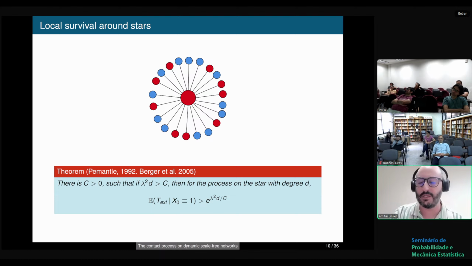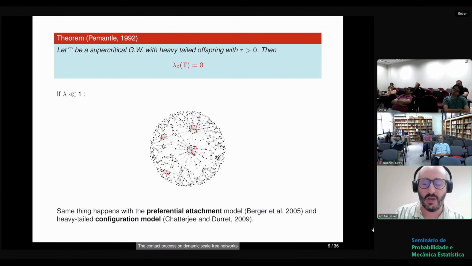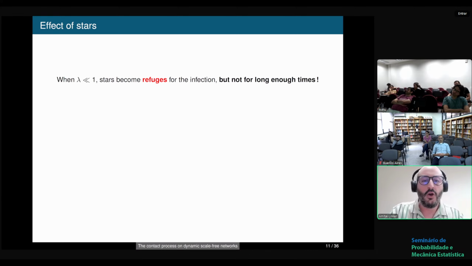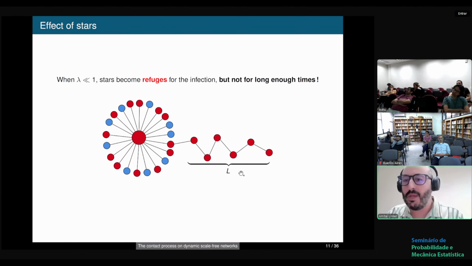If you have, for instance, only a couple of stars, yes, they can survive exponentially long in their degree, but if there is an overwhelming number of other vertices, it's not enough to say that it is exponential in the size of the network. So what will happen? How does this survive exponentially long in the size of the network?